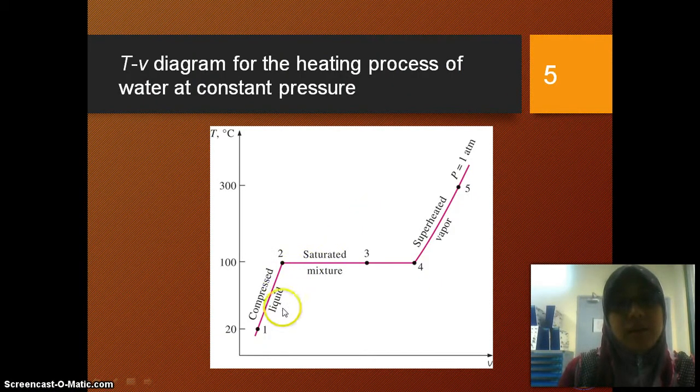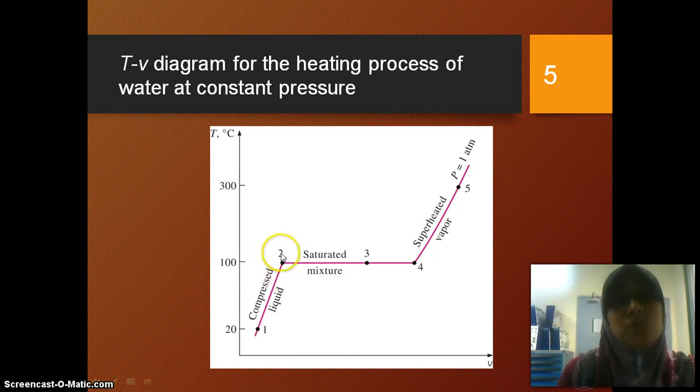Going back to our slide, at 20 degrees Celsius, this is known as compressed liquid, because the liquid is not about to vaporize. Since heat is supplied to our system continuously, the temperature now rises until it reaches 100 degrees Celsius.